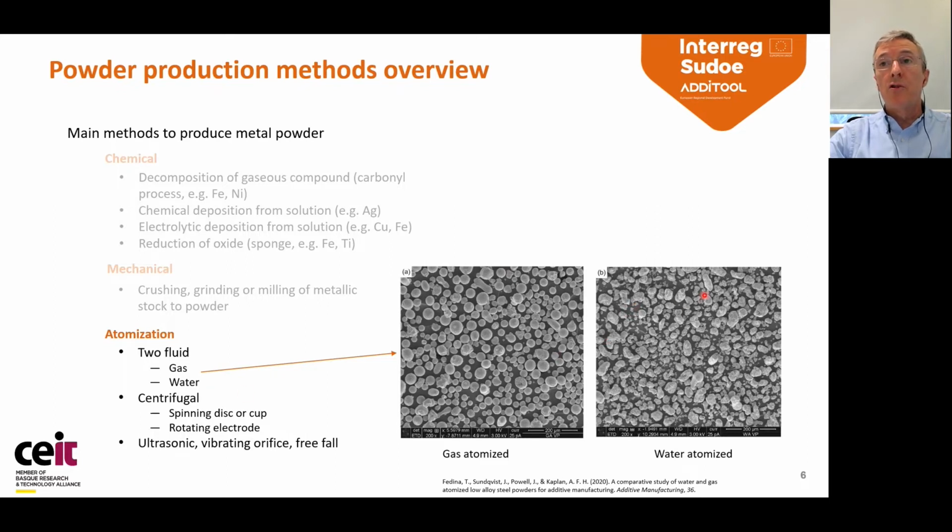In water atomization, you obtain also very fine powders, but with irregular shapes. And there are 2 other methods that I will explain later on: centrifugal and ultrasonic and vibrating orifice, which are also very effective to produce spherical powders, but have a lower productivity.